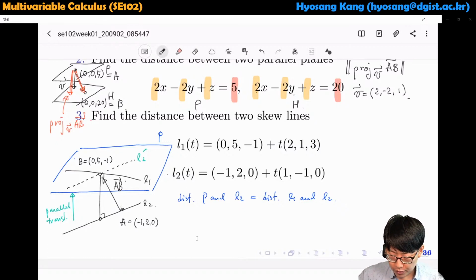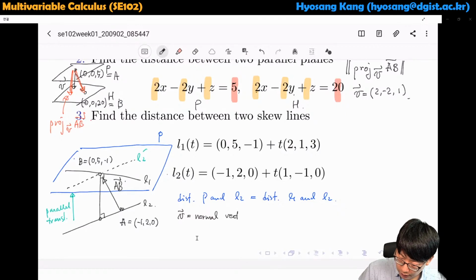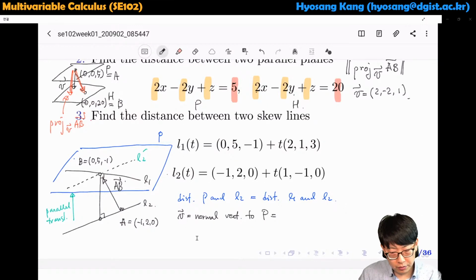So I want to project my vector AB onto the normal direction of the plane P. So let's say V is the normal vector to P.